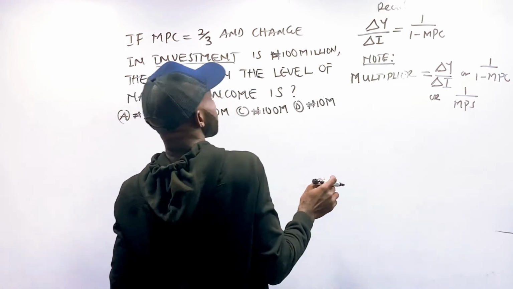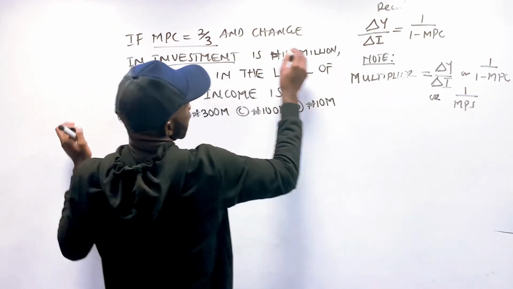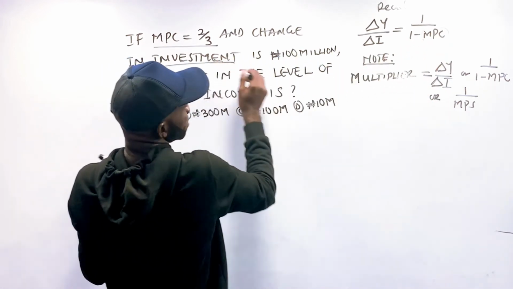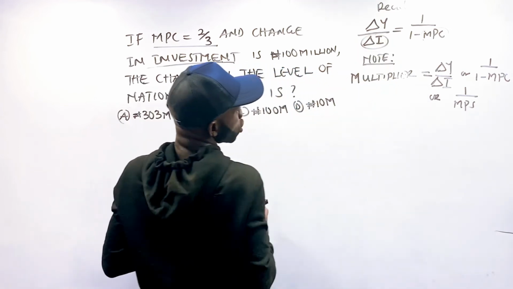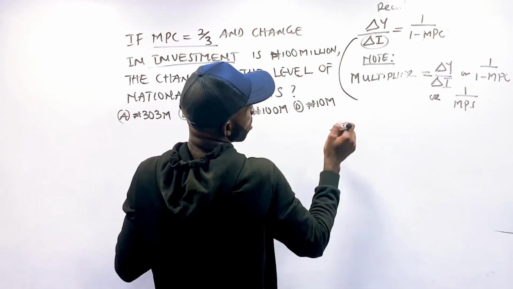So we're giving it two because of the information we have. We have MPC, that's why we picked this. And then we have investment, that's why we considered this. So don't get confused. We'll move on with this, and I'll come in here.